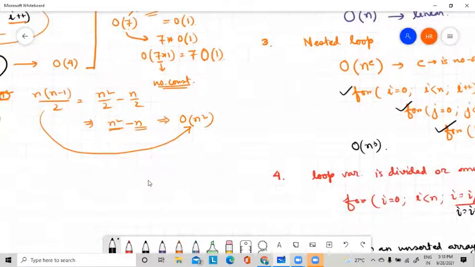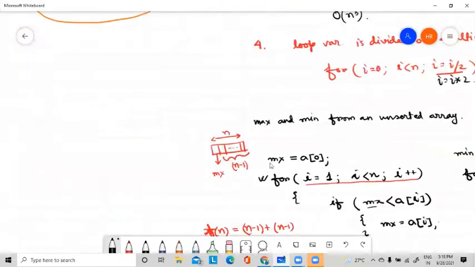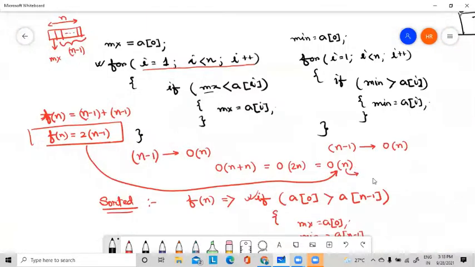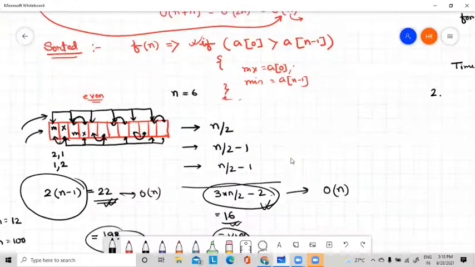Okay. And I hope this max min problem is pretty clear to you, how to solve the problem in a different way so that we can get a less total time, not the time complexity, less total time. Okay. Now see, remember a few things that I have already told.